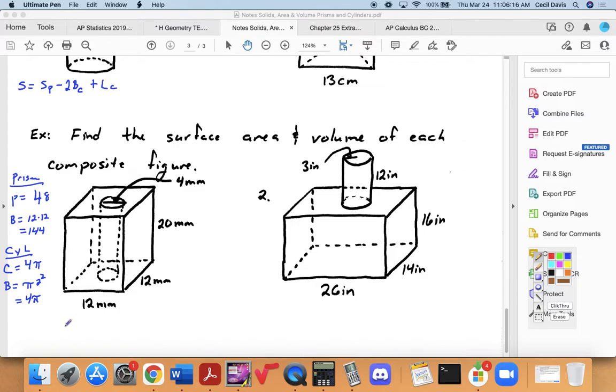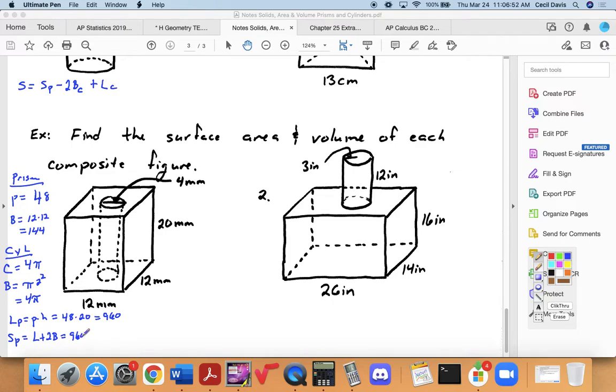All right, so now I can find the different pieces. I need the whole surface area of the prism, so I need to start with the lateral area of the prism. That's perimeter times height. So the perimeter of the prism is 48 times the height is 20, which is 960. The surface area of the prism will be the lateral area plus two bases to add on.